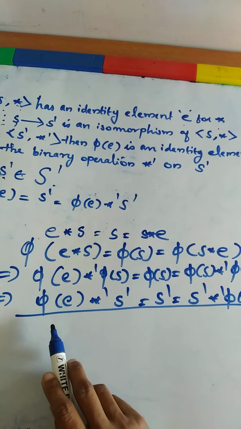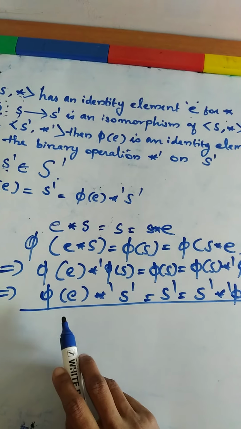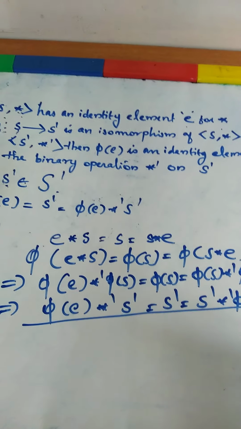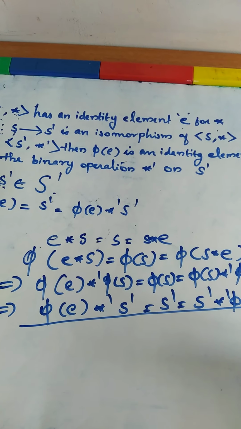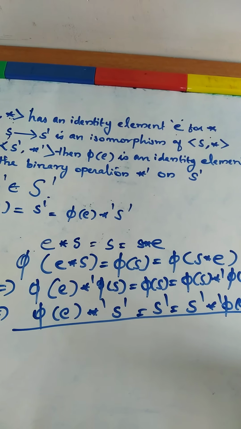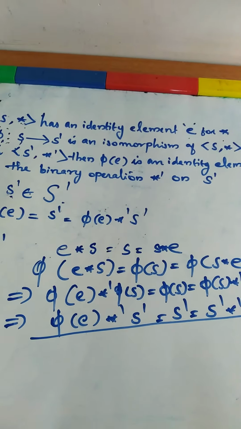So an isomorphism carries an identity element in an algebraic structure into an identity element in the codomain. So phi of E is equal to E dash.